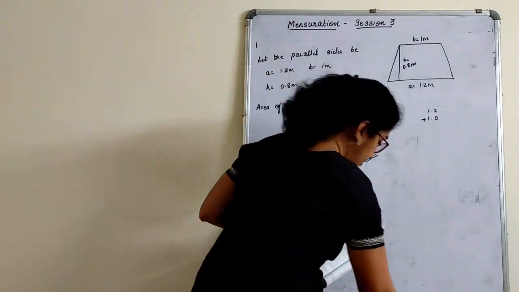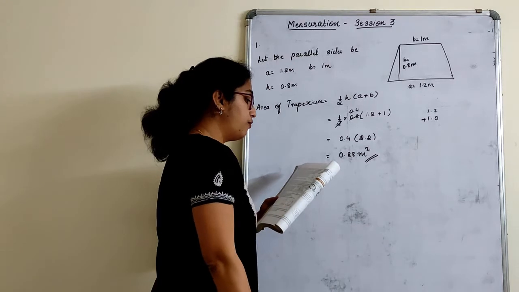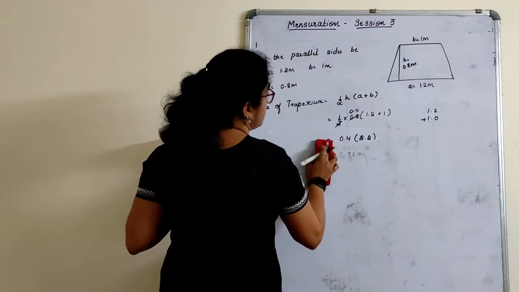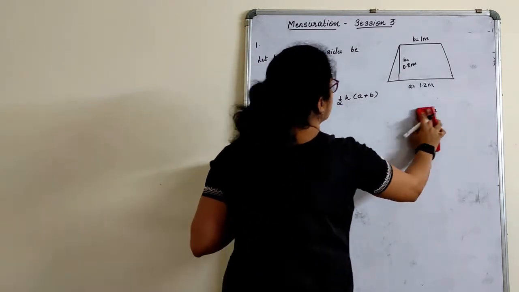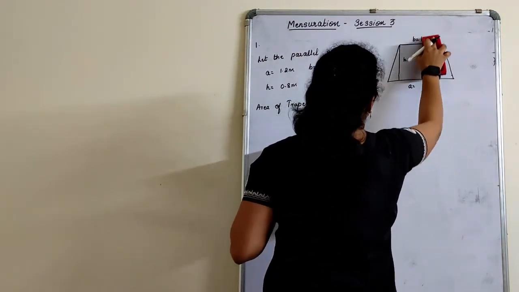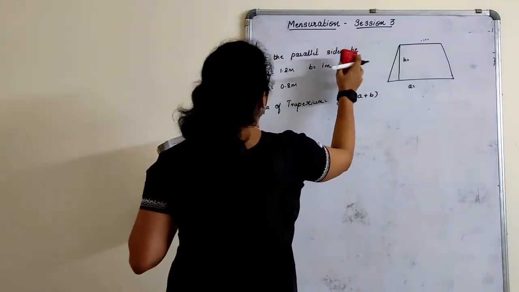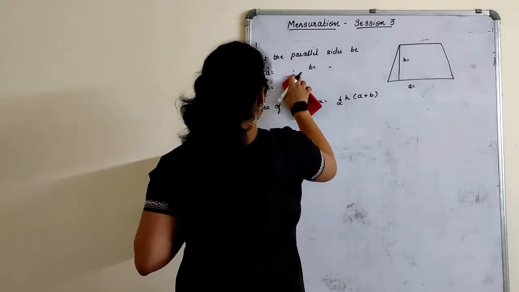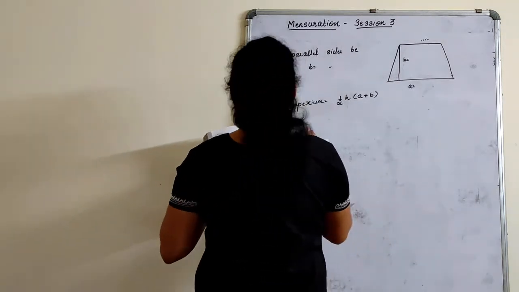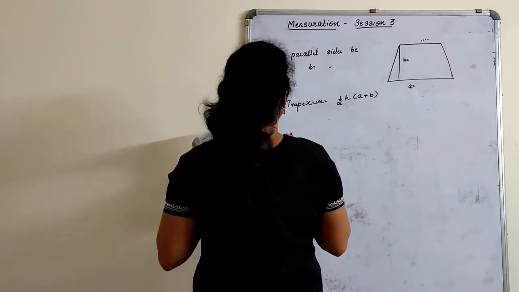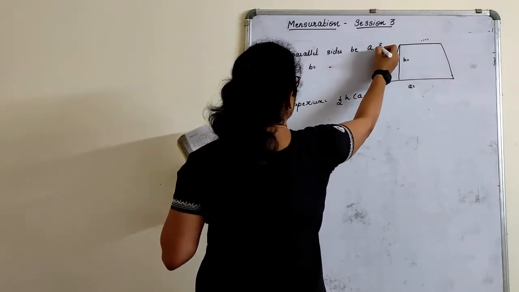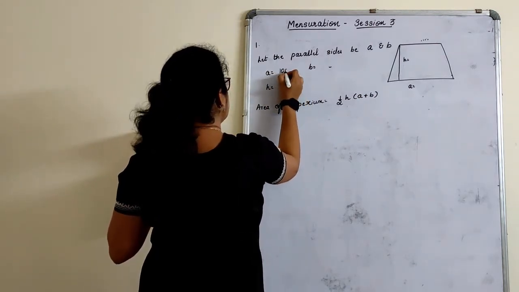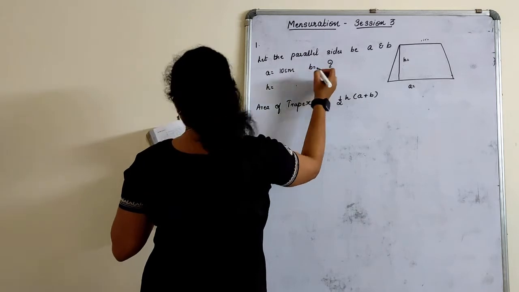Area of a trapezium is given. The length of one of the parallel sides is 10 and height is 4. Find the other parallel side. So the formula I keep as it is here. Let the parallel sides be A and B, where A is given as one of the parallel sides, 10 centimeter, and B, the parallel side, we have to find.